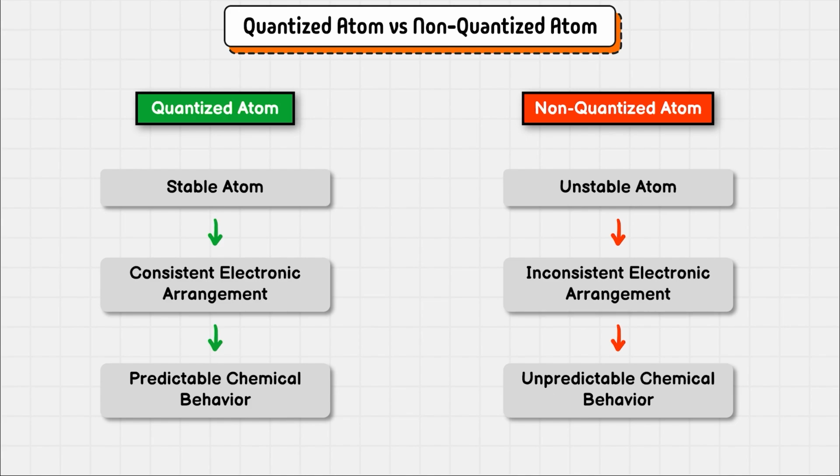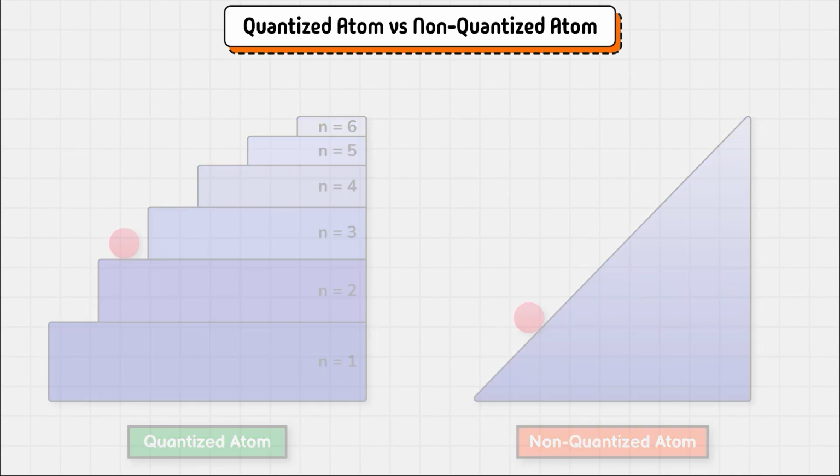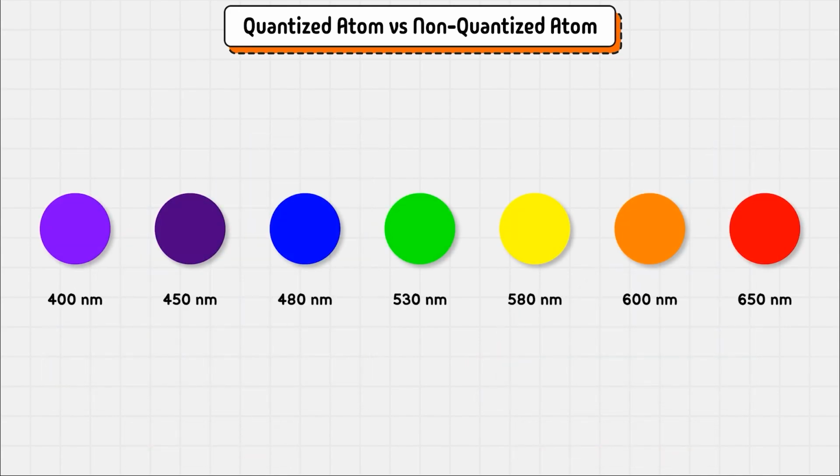Then, another important outcome of a quantized atom is the quantized electronic transition. Quantized electronic transitions means that electrons can only transition into allowed energy levels or orbits, and in these transitions, they will only emit or absorb the electromagnetic radiations of distinct wavelengths.